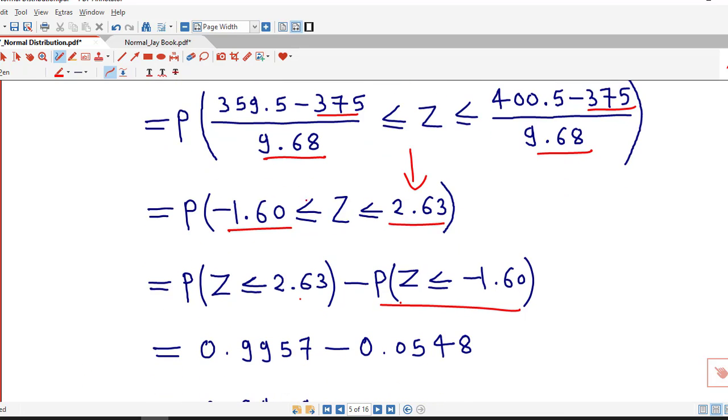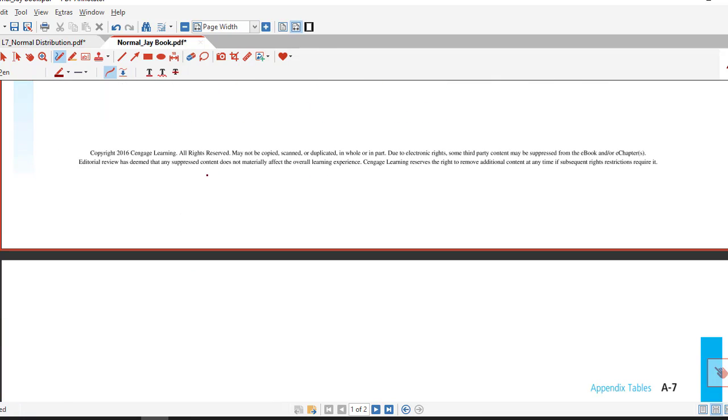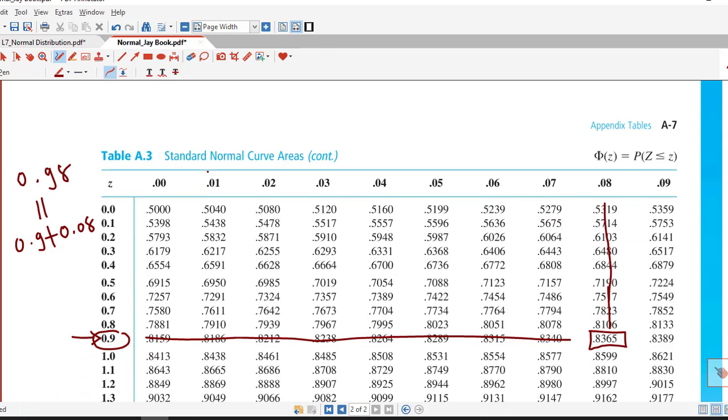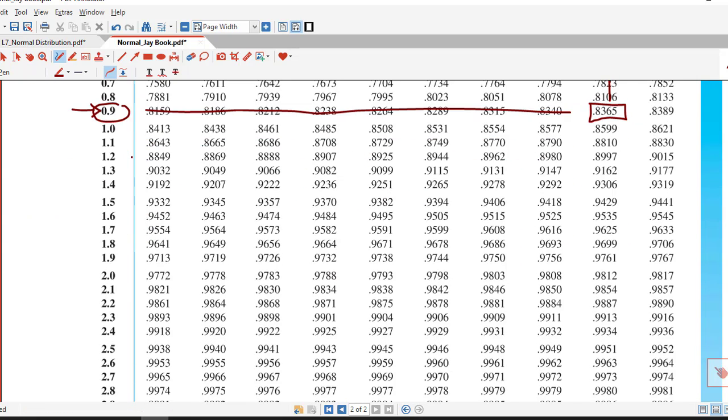Now we use the normal probability table. First we find this probability. So we have to look for 2.63. In the table we search for 2.63. So under Z we have to search for 2.6.